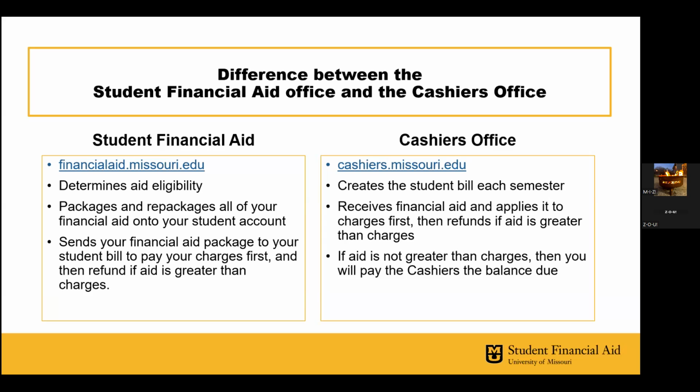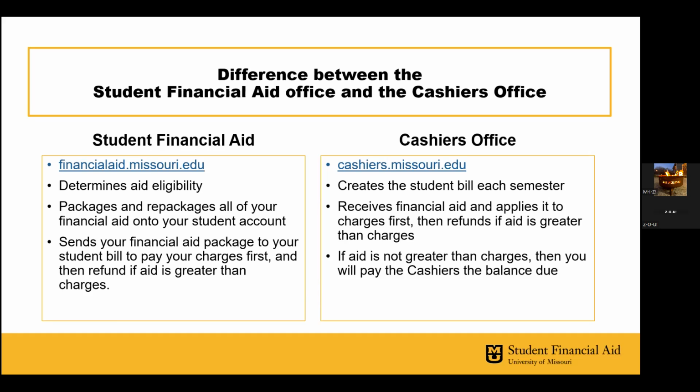Okay. The cashier's office is the one actually creating the student bill, or creating the charges on your account that you are going to owe the university for your tuition and fees, residence halls, and other things. If you get a parking pass, I think they bill it through there. Any expenses that the university is billing for will go through the cashier's office, and it will be put onto your student bill.